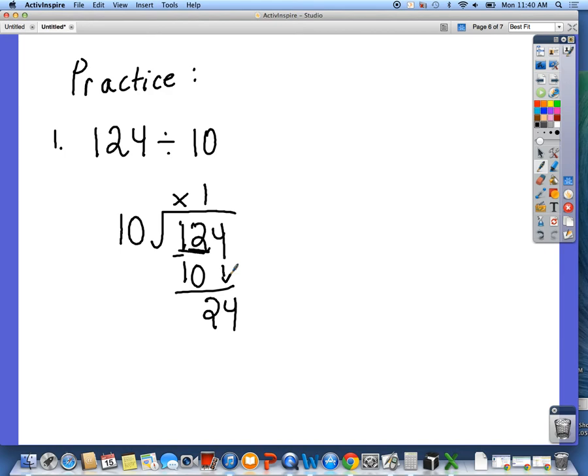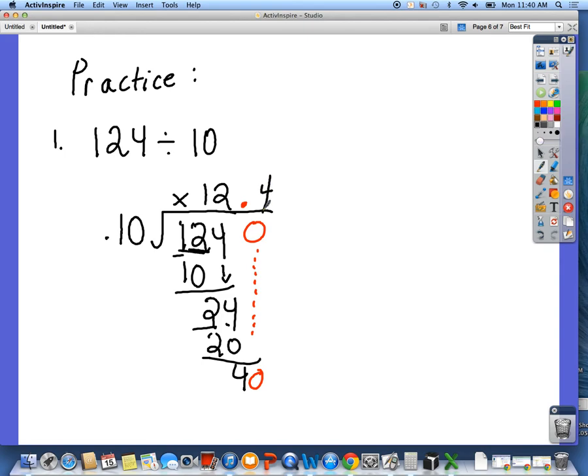Okay, 24 divided by 10, 2. Very good. 2 times 10 is 20. Subtract. You get 4. Again, I'm stuck, so I've got to annex that 0, place that decimal, add a 0, bring it down. I've got 40. 40 divided by 10 is 4.